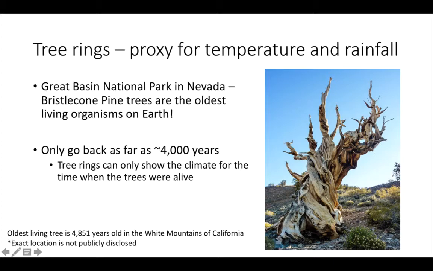It's confirmed that it's 4,851 years old, but in the large grove of trees, they do not disclose publicly the exact location and which tree it is, because they do not want anybody going and doing anything stupid to the tree. We want to preserve this tree as the oldest living organism. So just an interesting piece of information about these bristlecone pine trees. We can't publicly disclose which one is the oldest one.